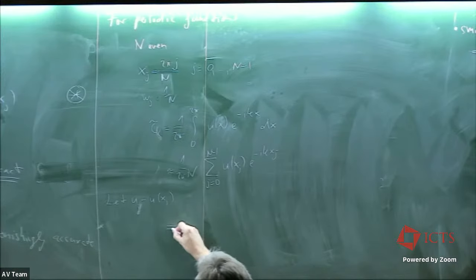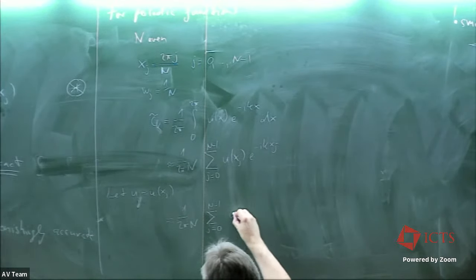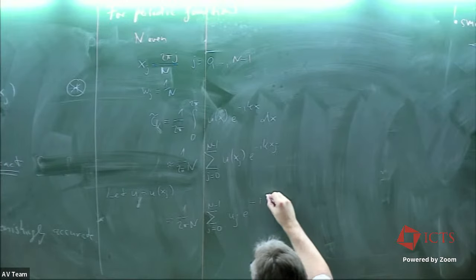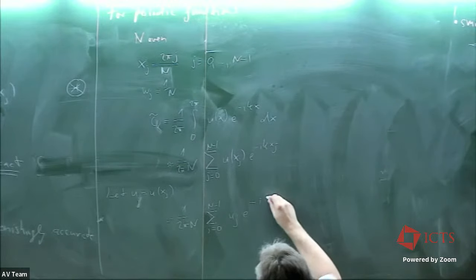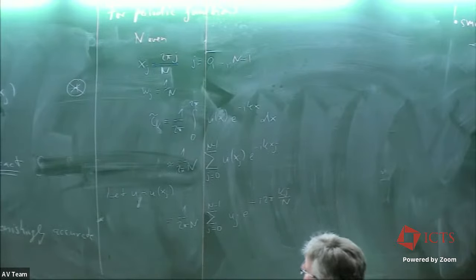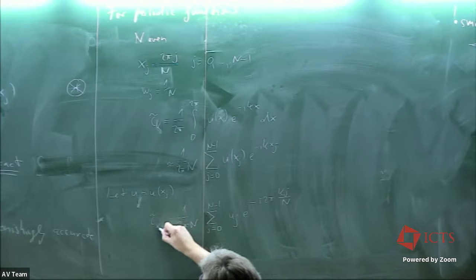Then I can keep on writing here 1 over 2 pi n, sum j equals 0 to n minus 1 uj e to the minus i, up there is my formula for xj, 2 pi k j over n. And on the left-hand side, I have c tilde k.